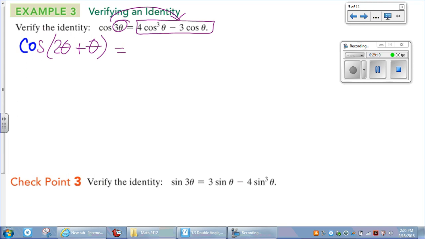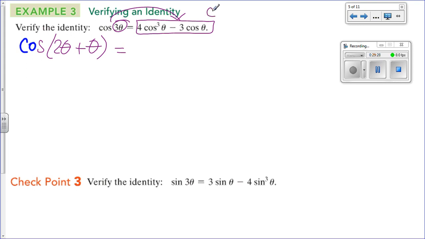So would it be convenient to use that one? No. So what else could we use? Formula number 2. Okay. So the cosine of 2 theta will be 2 cosine squared theta minus 1.